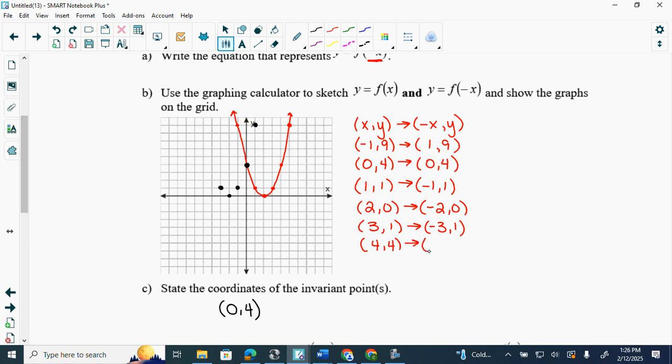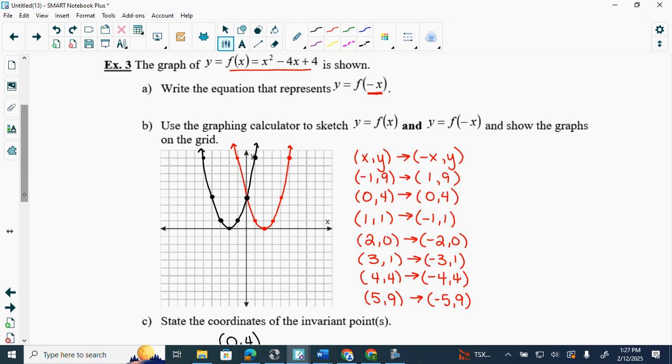It's going to become negative 4, 4. And 5, 9 is going to become negative 5, 9. And does that look like it's reflecting in the x-axis? And by x, I mean y? Y-axis? Yeah. That would be that mirror, right?